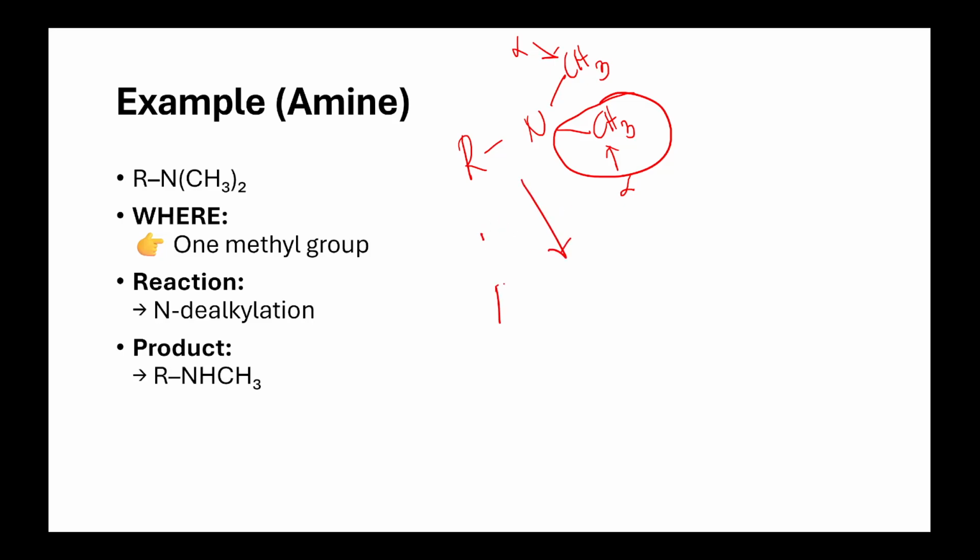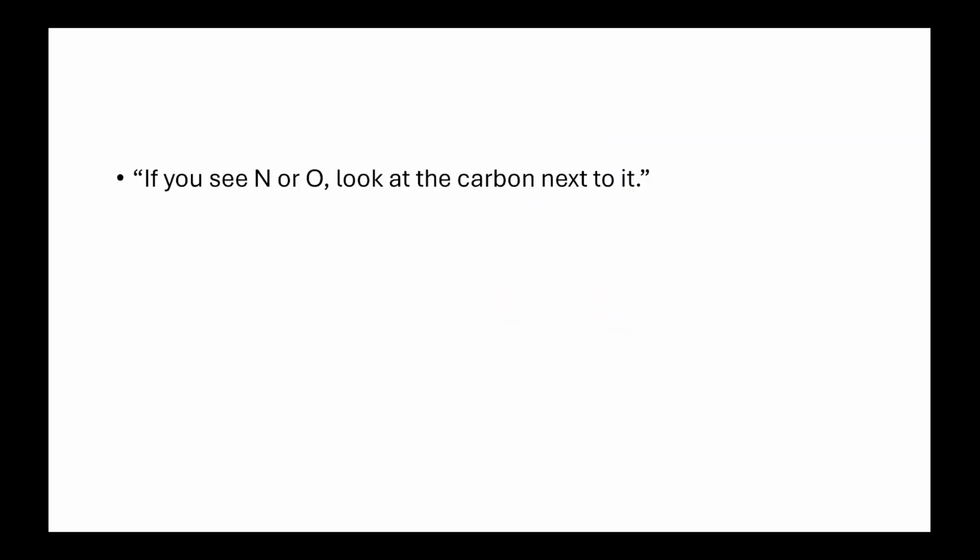So it forms R-NH-CH3, and the loose one here, probably another aldehyde. So it loses one methyl group. So if you see a nitrogen or an O and a single carbon attached to it, that could be a target for enzyme attack.